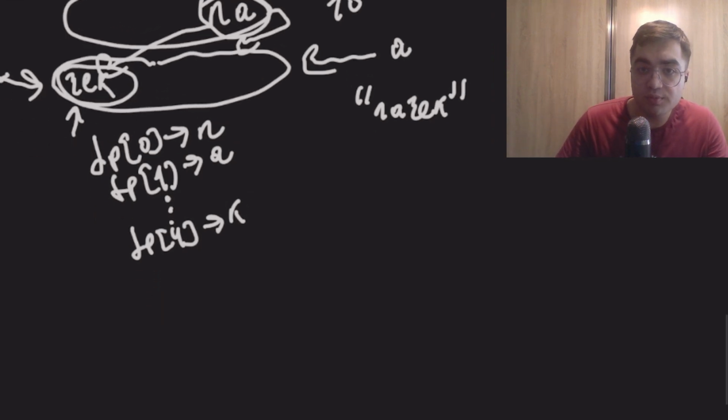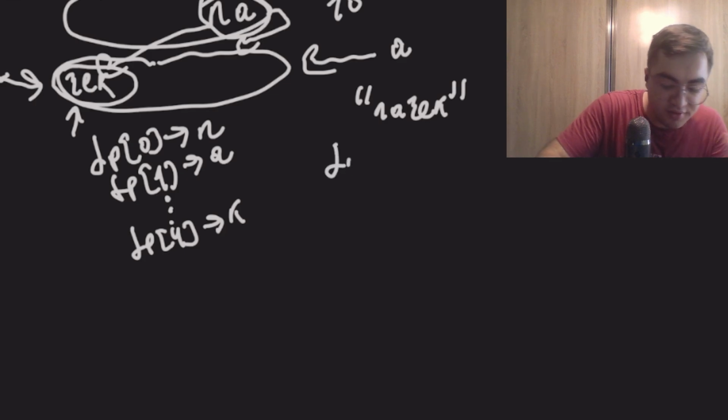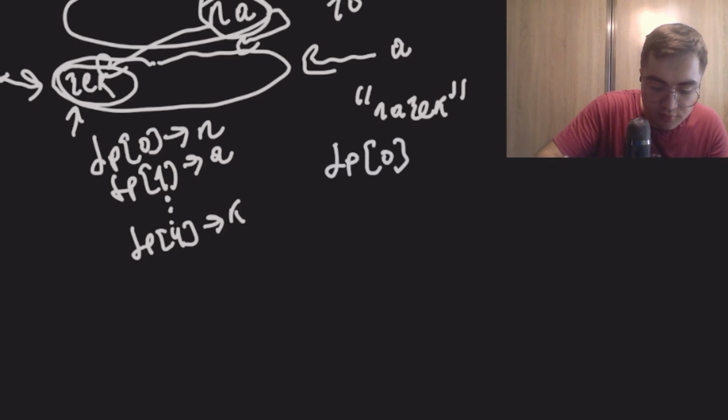So initially what we need to do, obviously, is we can say dp0 is 0, right?